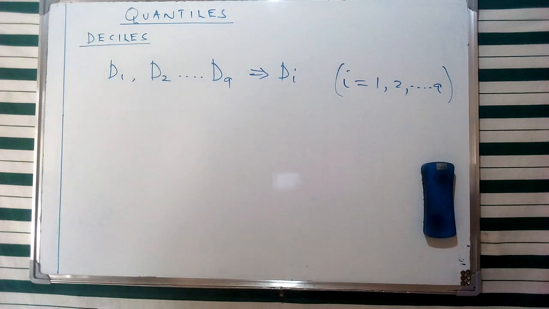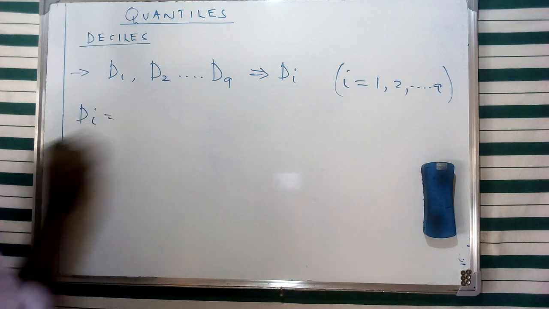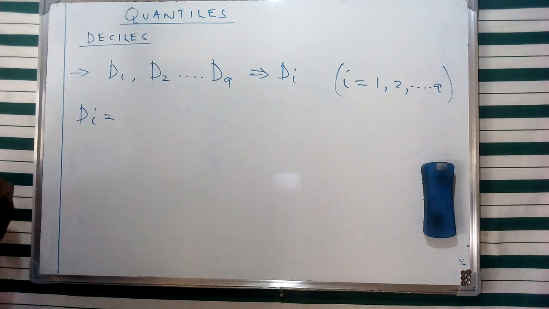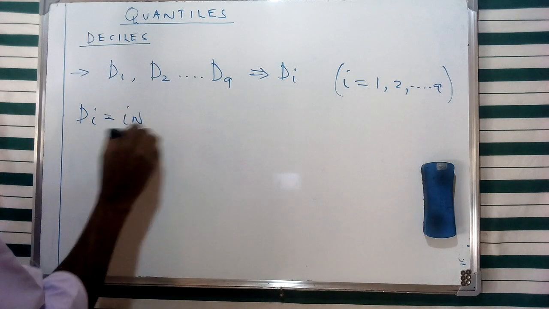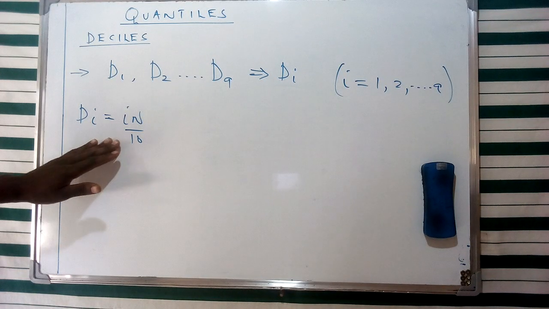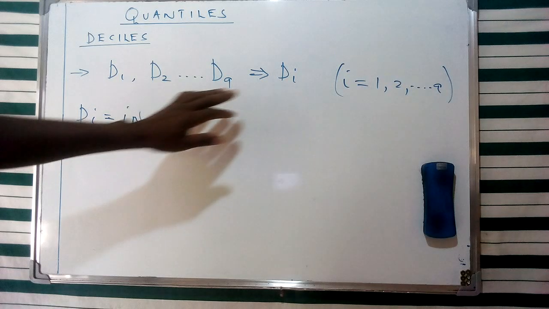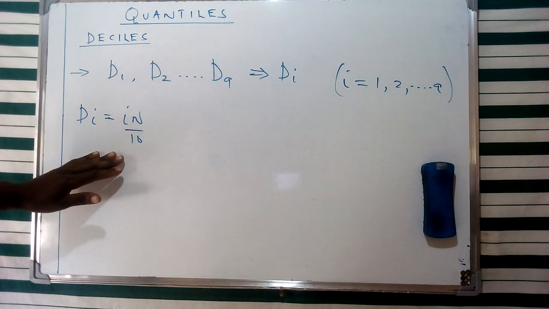Now, for grouped data, we have deciles represented in a particular way. For an ith decile, this can be represented using a general formula given as i equals iN all over 10. This is a procedure that can be used to find the ith decile from a specific set of data.